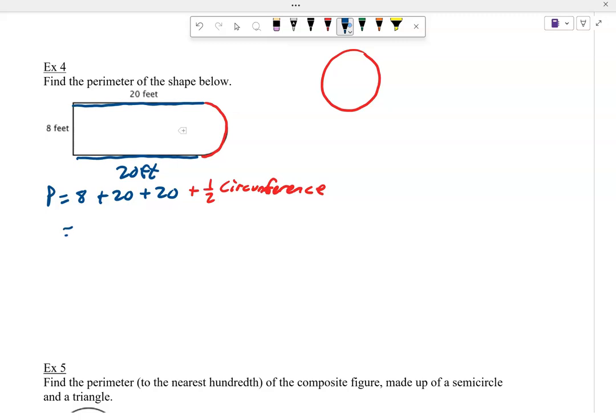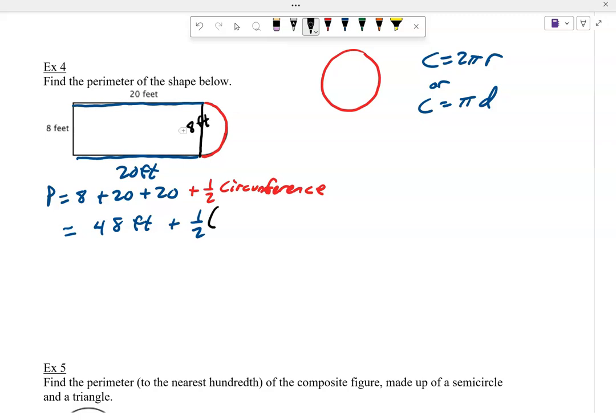So 8 plus 20 plus 20, I got 48 feet plus 1/2. Now our circumference. Remember our circumference is 2 pi times the radius, or you can do pi times the diameter, either of those, right? But it looks like it gives us this diameter. The diameter all the way across is 8 feet. So I know my diameter.